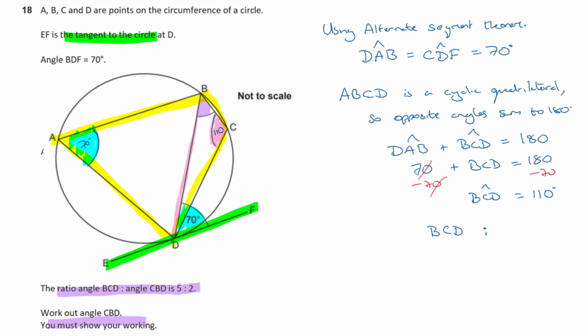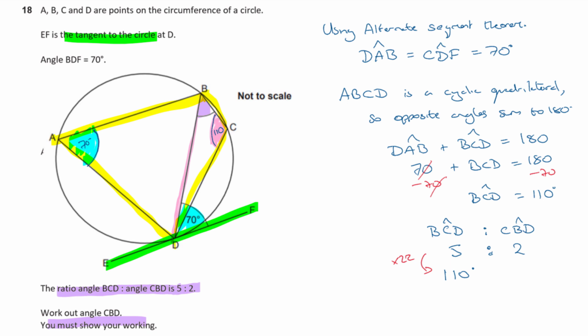But we now know that BCD is 110 degrees. Now, what do I have to multiply 5 by to get 110? Well, 110 divided by 5 is 22, isn't it? 22 lots of 5 is 110.